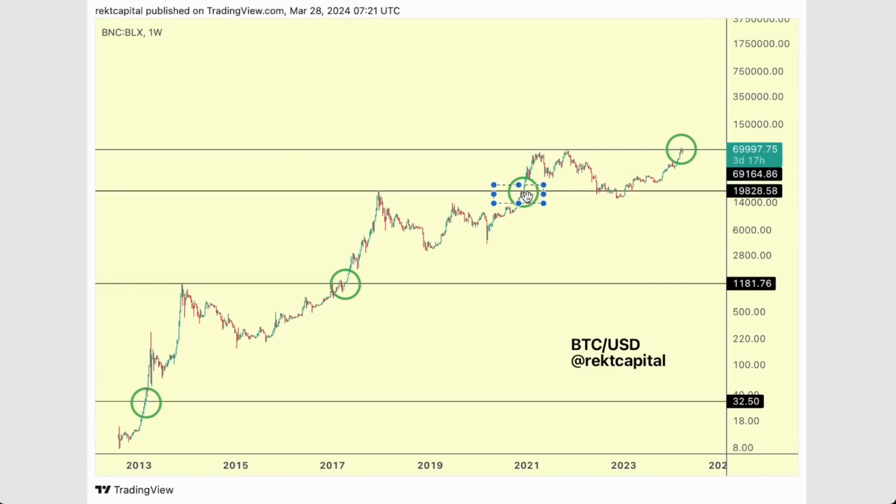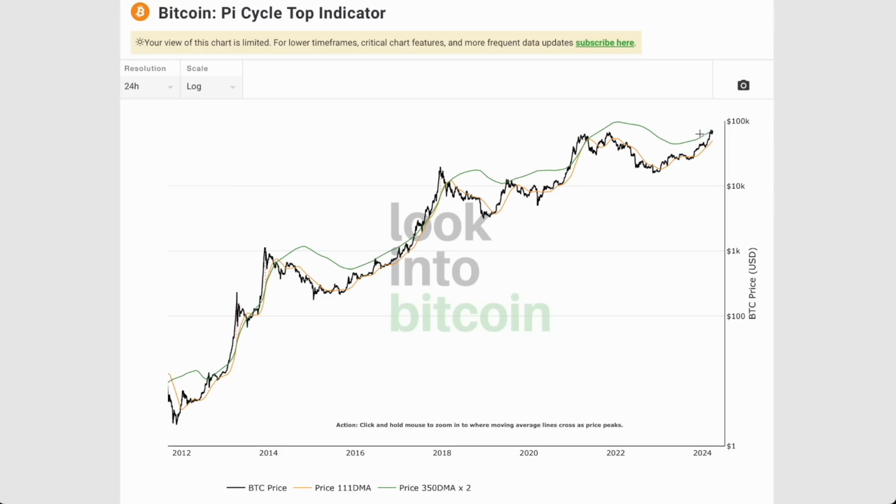And the fact that this old all-time high level here is confluent with the Pi cycle moving average is pretty phenomenal, and that isn't just the case in the previous cycle of 2020 to 2021, but also in this cycle as well, because these old all-time highs are forcing a rejection, are forcing a reaccumulation period, and it's also confluent with the green Pi cycle moving average.